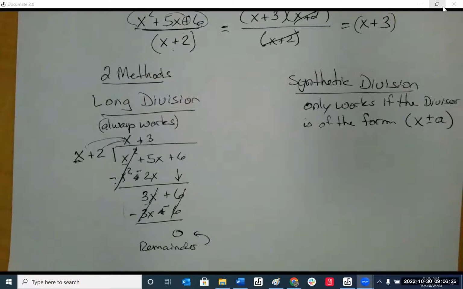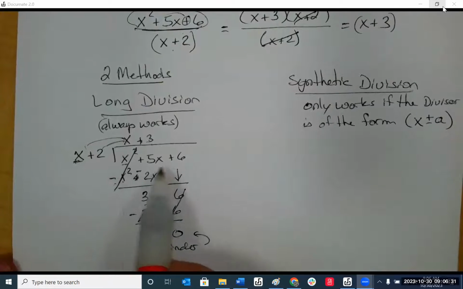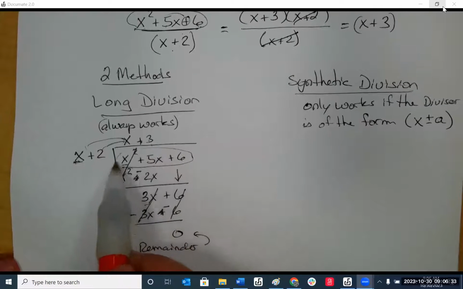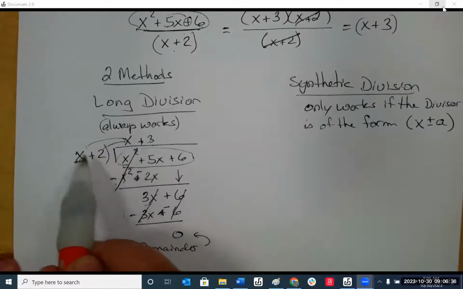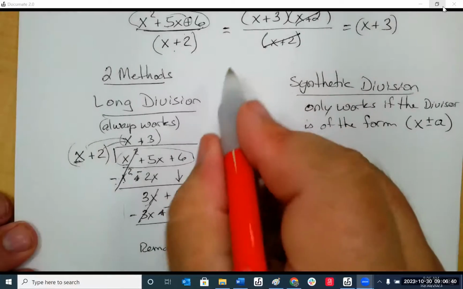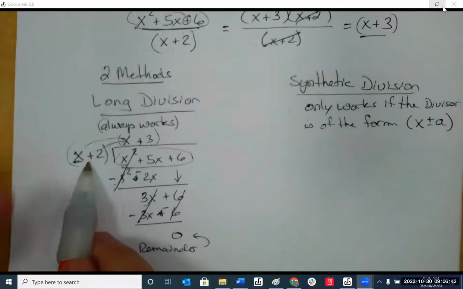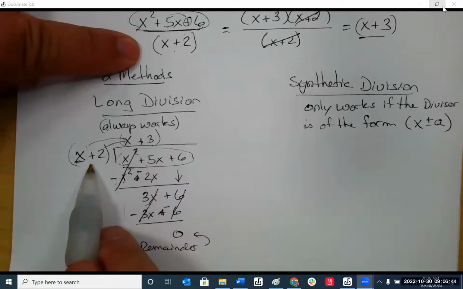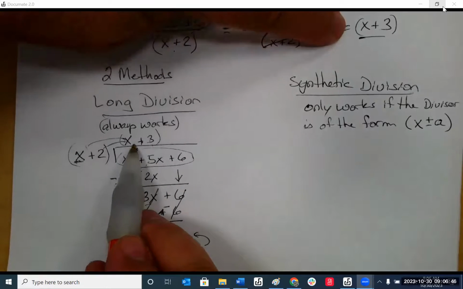And your remainder is 0. So we see that this polynomial is made up of x plus 2 times x plus 3. So there we have it. This is the top number divided by x plus 2. It equals x plus 3.